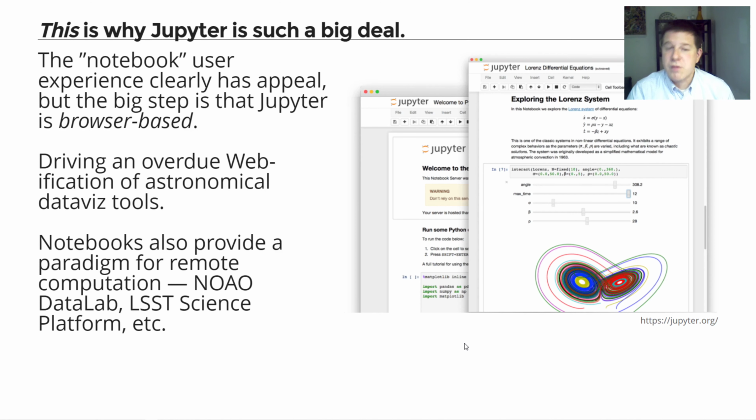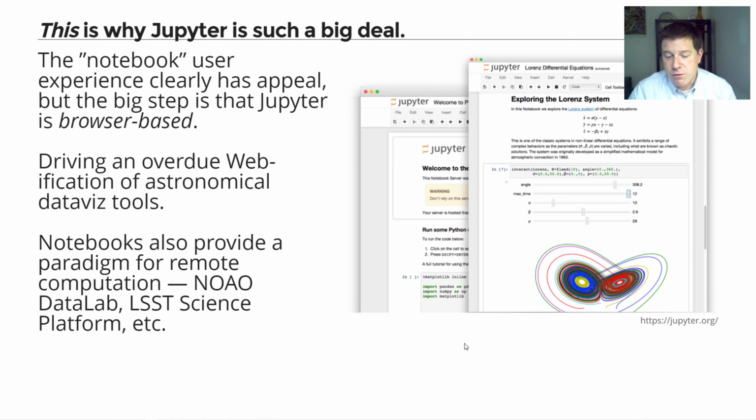X windows is actually a network protocol, but it doesn't do what we need for modern data visualization. And so the popularity of Jupyter is causing people to start building browser-based visualization tools. And I believe wholeheartedly that's what we need to do anything with data in the years ahead.